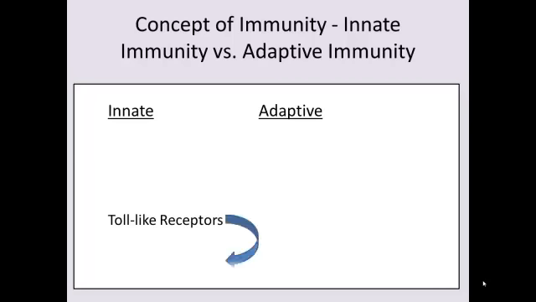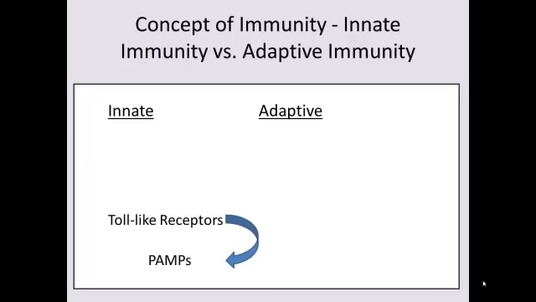But what they're checking for are pathogen-associated molecular patterns, things that we never see in our body, things that are always going to be foreign. This is where it becomes apparent why I made you learn different molecules that are in microbes, things that are never seen in us.